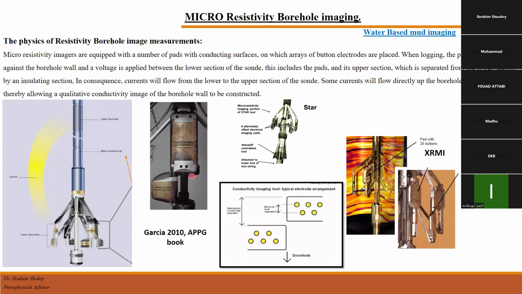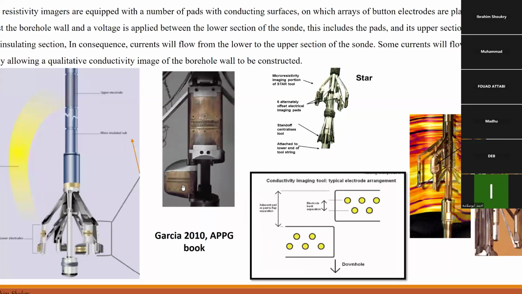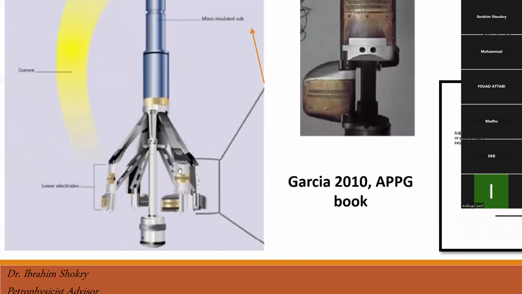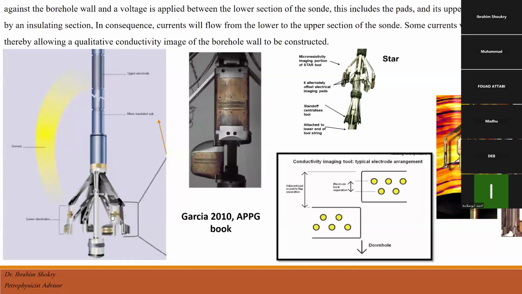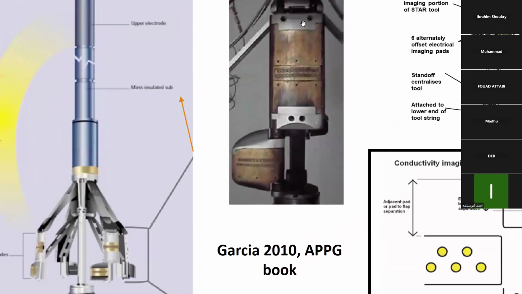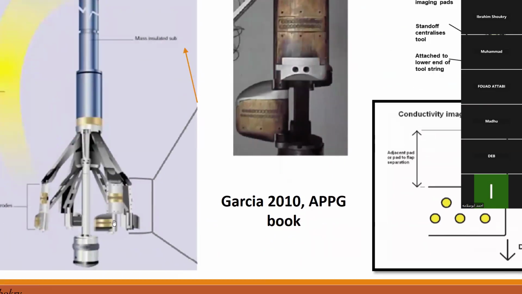It's worth mentioning also that the Schlumberger tool does not have 6 arms, it has 4 arms, but they make an additional extension for each arm. This additional extension is called the flap. So they call this the pad and this the flap. Each arm has two sections: the first section is called the pad and the second section is called the flap.